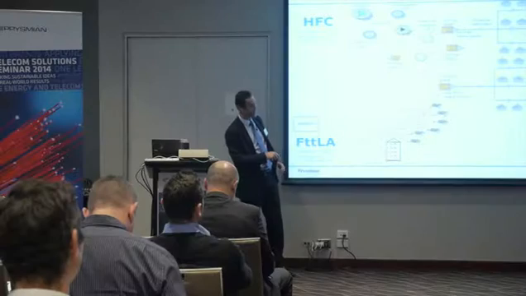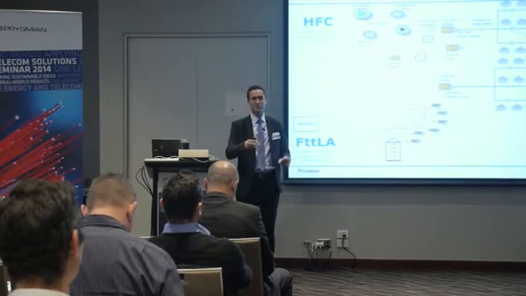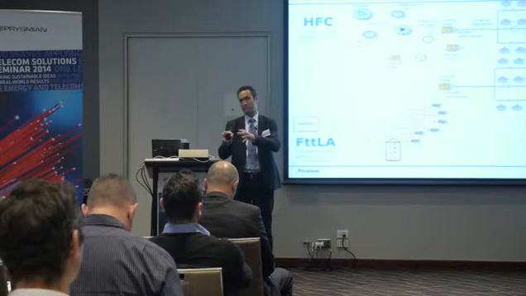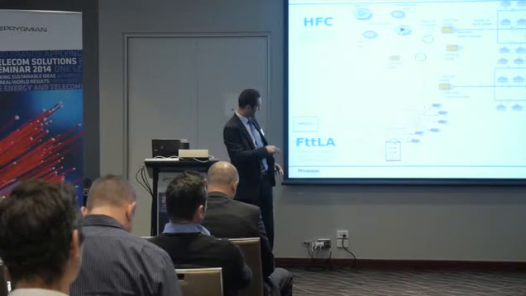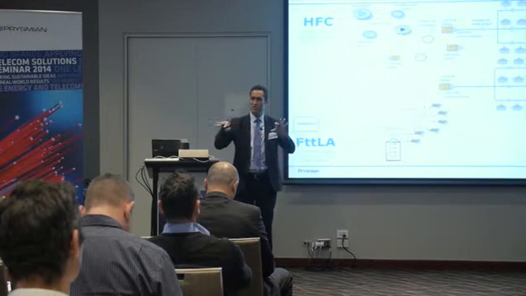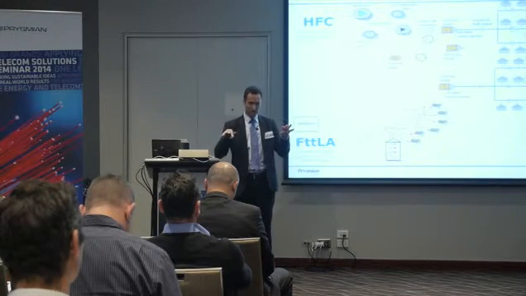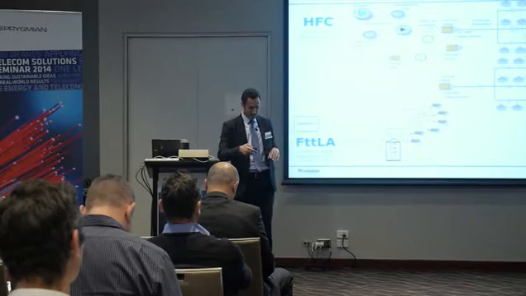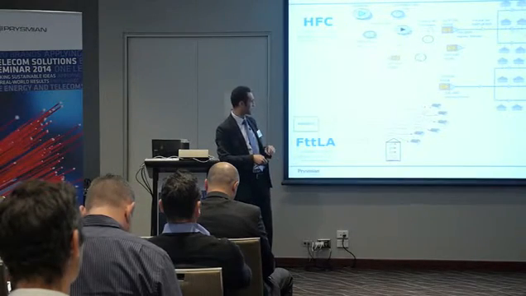And in that case, you don't serve 2,000 houses, you just serve 100 premises. So the fiber is going here, optical node, and from here, you just reuse the different coax drops that are present in the premises you're connecting.